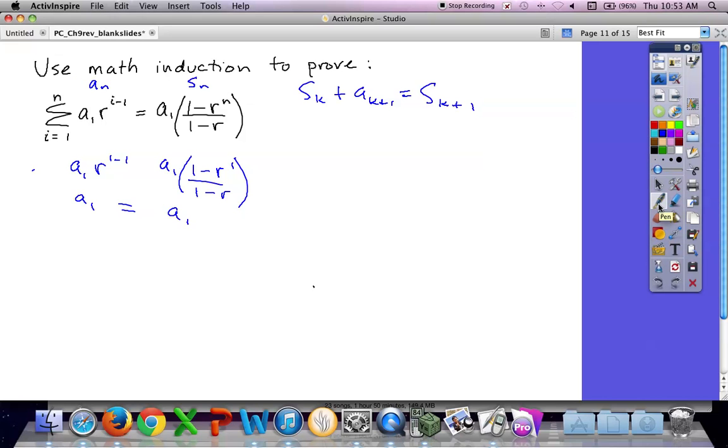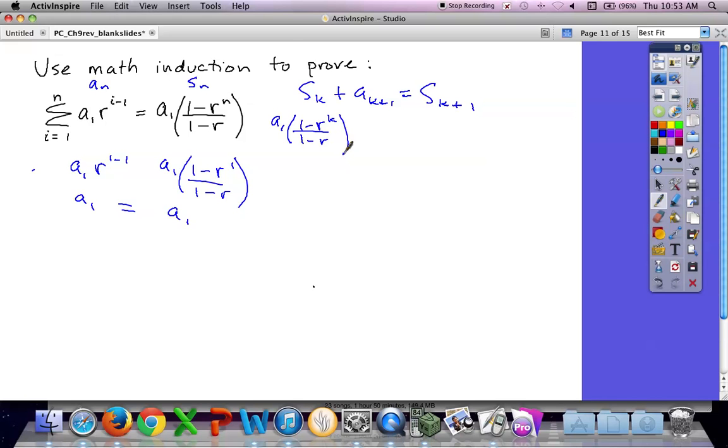If this is Sn, how do I find Sk? Plug in k into n, right? So that will be A1 times 1 minus r to the k over 1 minus r. That's the Sk.